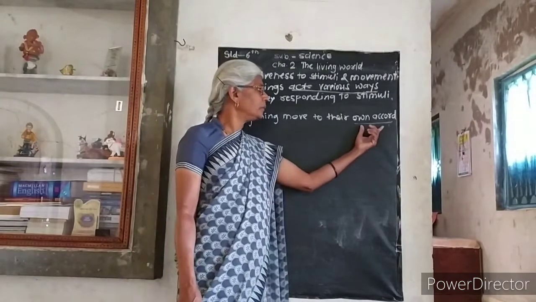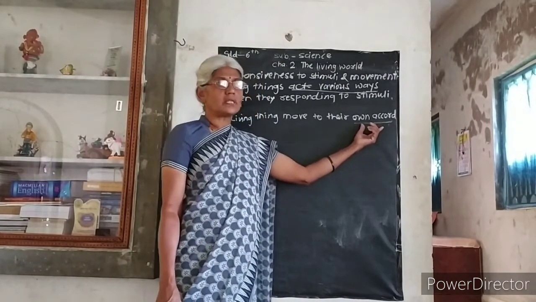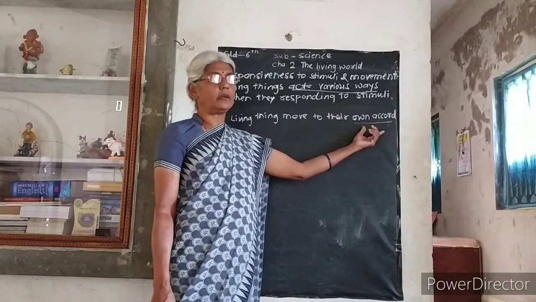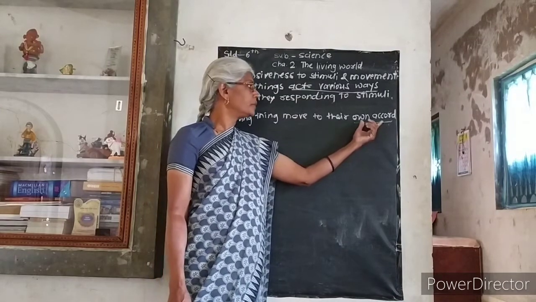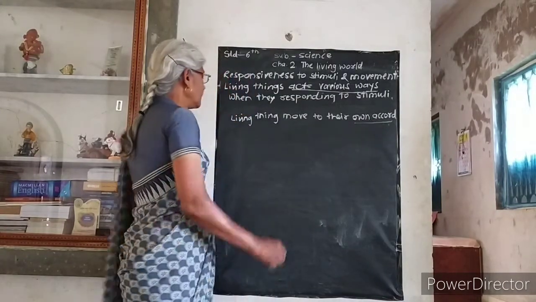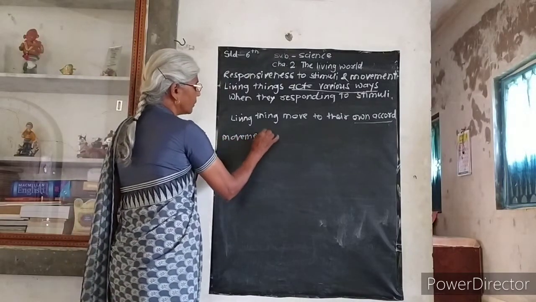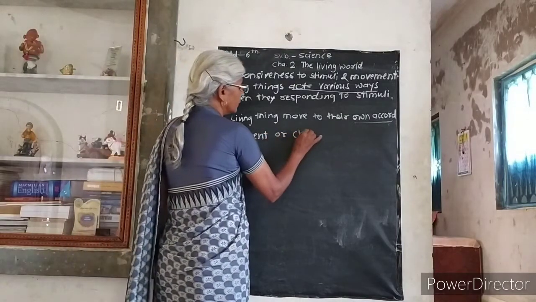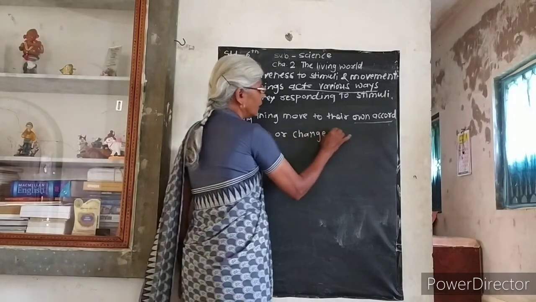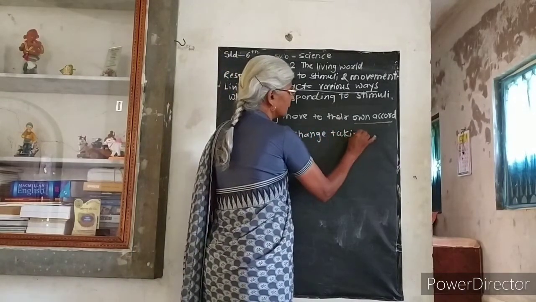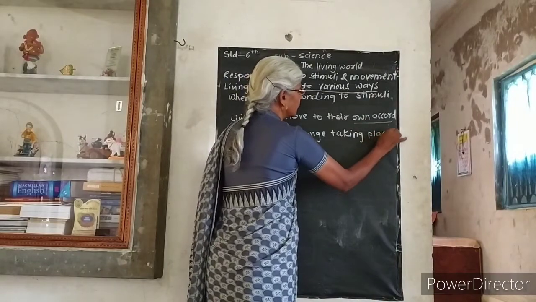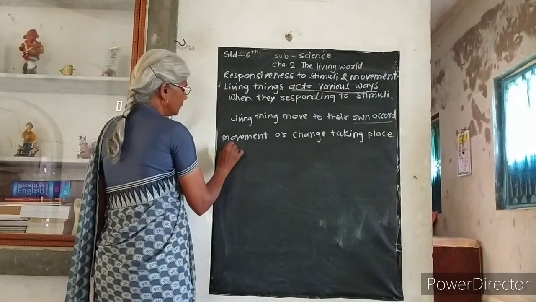Own accord means it is not necessary to tell them to do this. Second thing, movement or change taking place in a living thing.